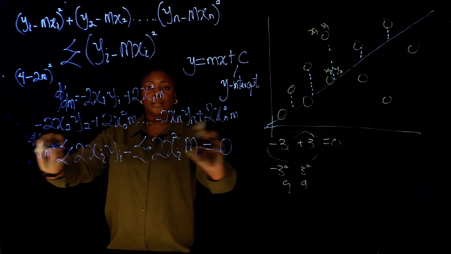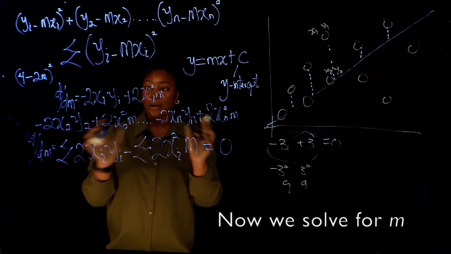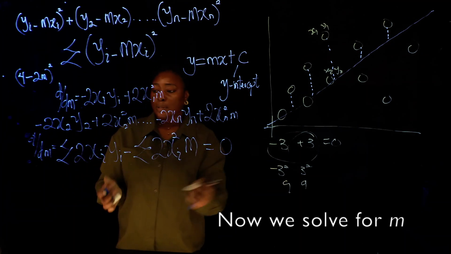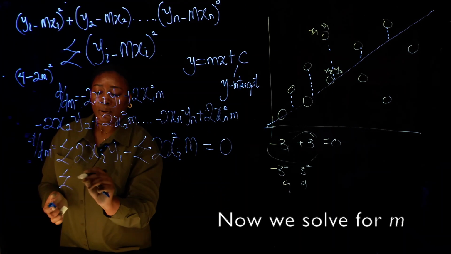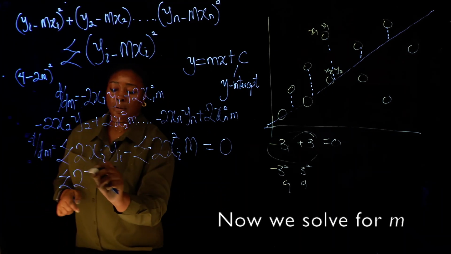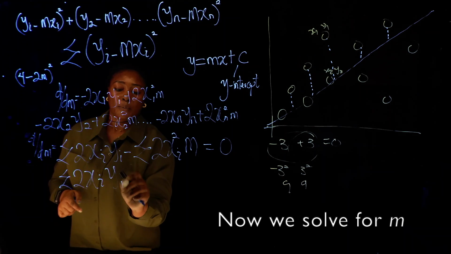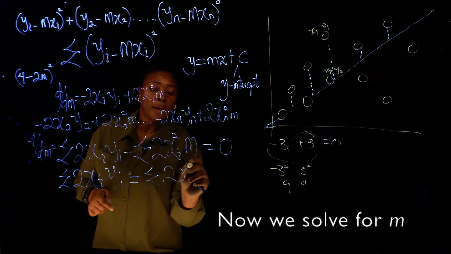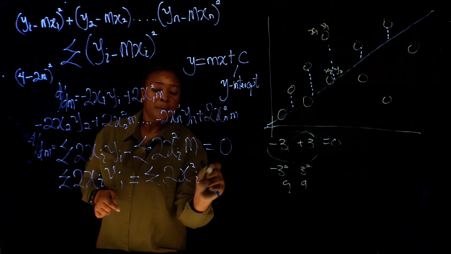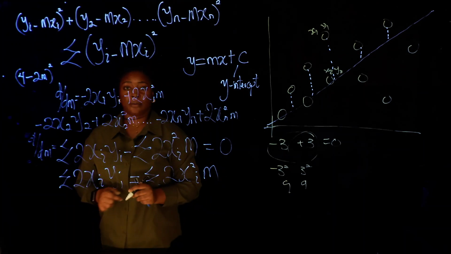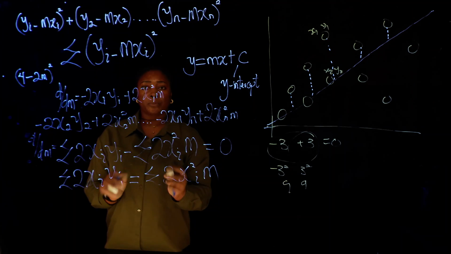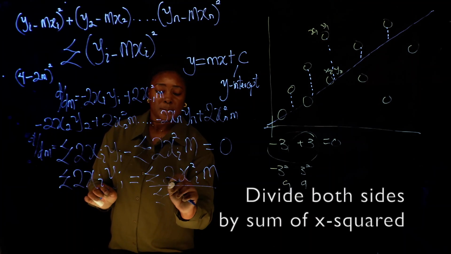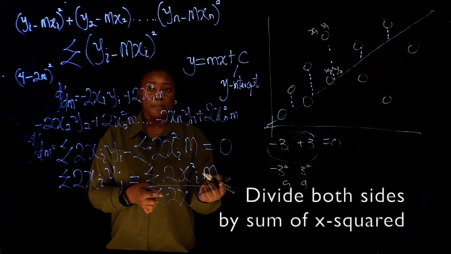Now we have this expression. Like in our mathematics, we say we want to make m the subject of the formula. So we bring m to the other side. So you have the summation of 2xi yi is equal to the summation of 2xi squared m. So what do we do to make m stand alone? You divide both sides by the coefficient of m.